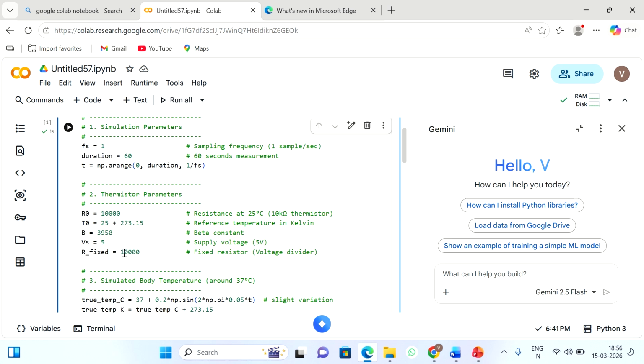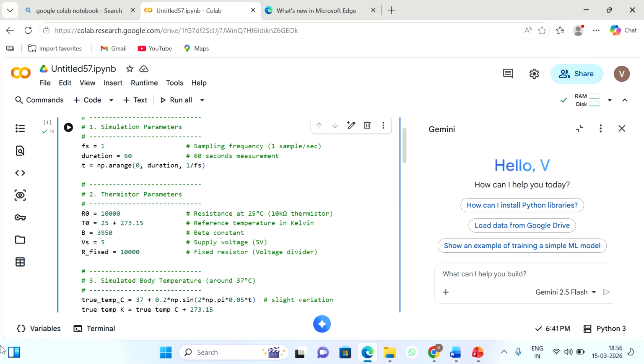So what output can we expect? Normal body temperature varies from 36.5 degrees Celsius to 37.5 degrees Celsius. A small sinusoidal variation simulates physiological fluctuation.